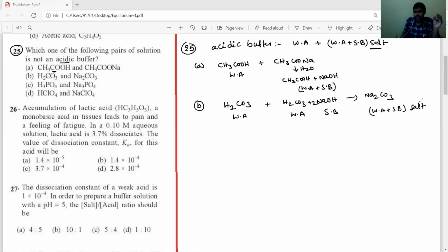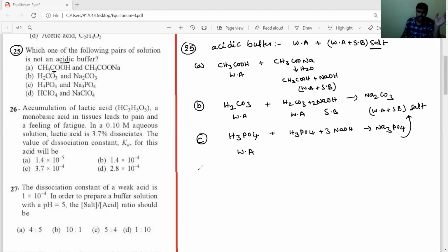Okay, students, it also belongs to acidic buffer solution. In the same way, in option C, H3PO4 is phosphoric acid, a weak acid, and it reacts with 3 moles of NaOH to give sodium phosphate, Na3PO4. This is a mixture of a weak acid and a strong base salt. That's why it also belongs to acidic buffer solution.